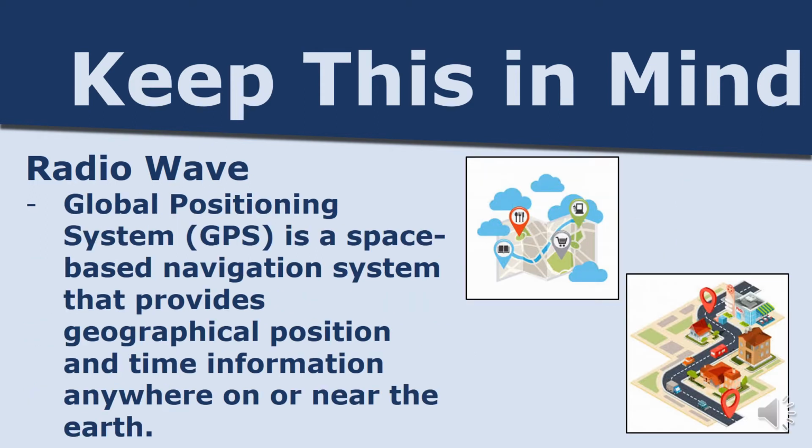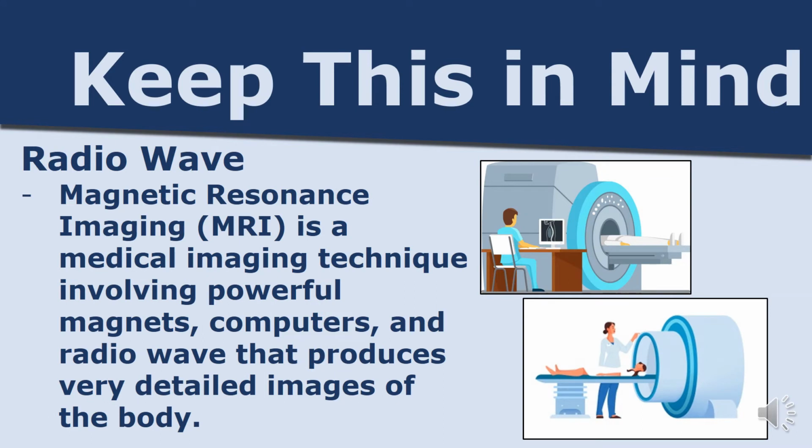Global Positioning System, or GPS, is a space-based navigation system that provides geographical position and time information anywhere on or near the Earth. Magnetic resonance imaging, or MRI, is a medical imaging technique involving powerful magnets, computers, and radio wave that produces very detailed images of the body.